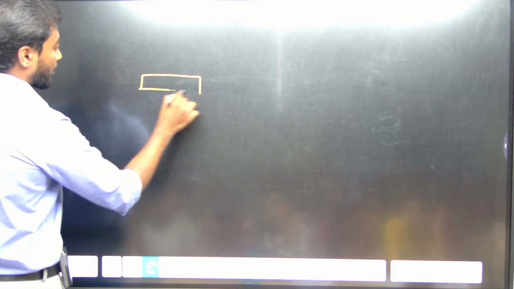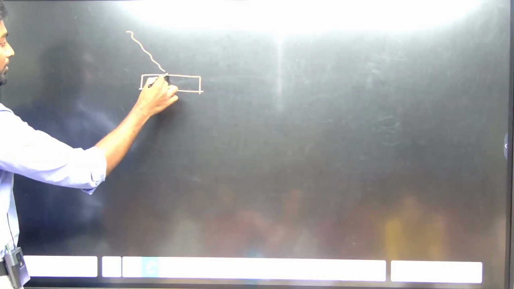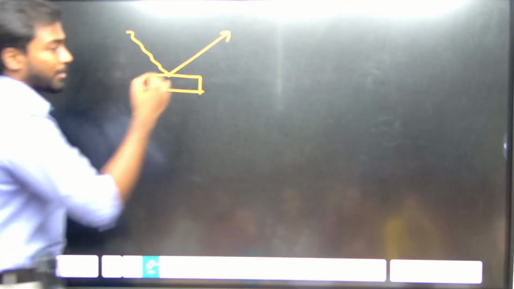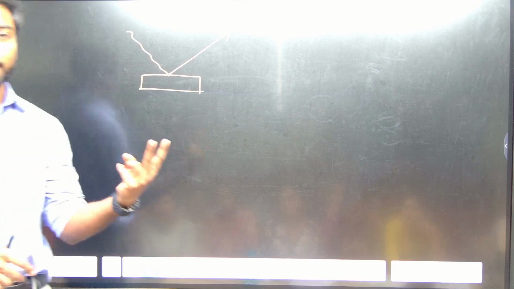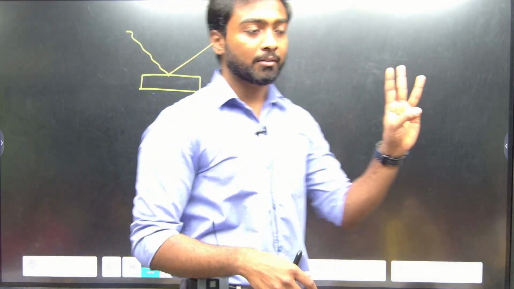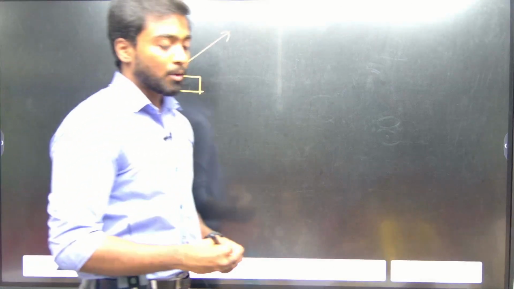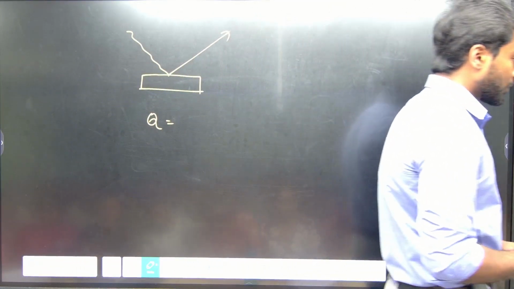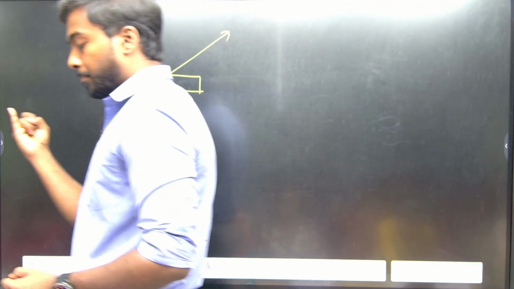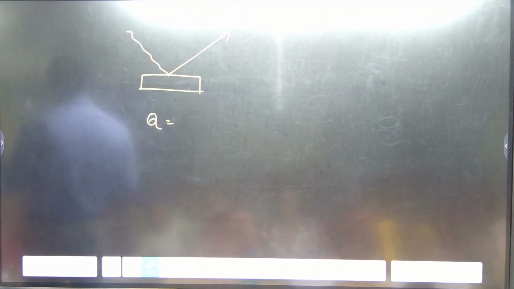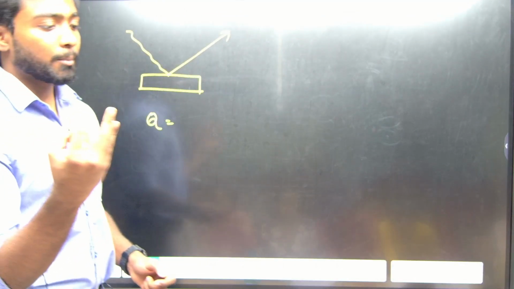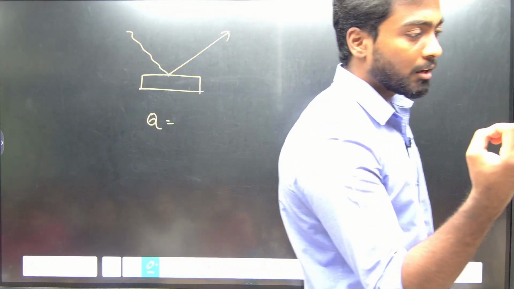So if I consider a body, and a light ray is coming and hitting the body, what happens? It will get reflected, it will get absorbed, it will get transmitted. Three things happen. So Q will be equal to absorption plus radiation plus transmission.